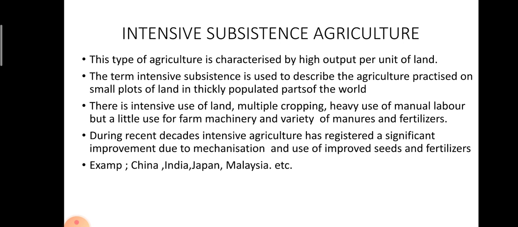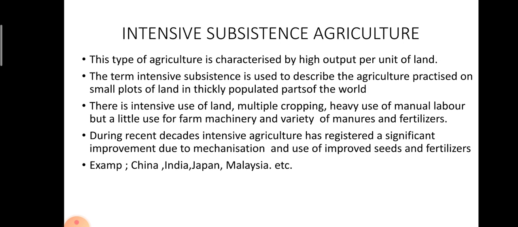The peasants are so land hungry that every bit of tillable land is utilized for agriculture. There is intensive use of land, meaning they do not leave a single inch of land.